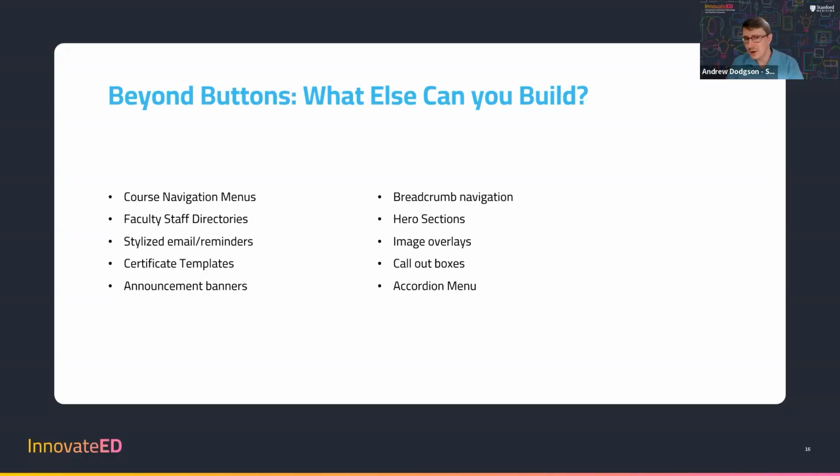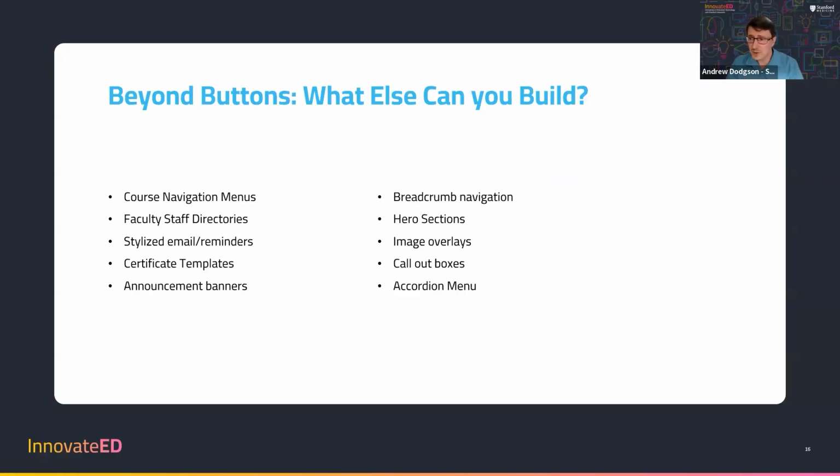So I can create their own custom navigation menus using AI pretty quickly without the need of a contracted web developer. Faculty directories, basically with a more glorified box setup like we showed. The stylized emails and reminders, that's pretty powerful too, like Raja mentioned earlier.